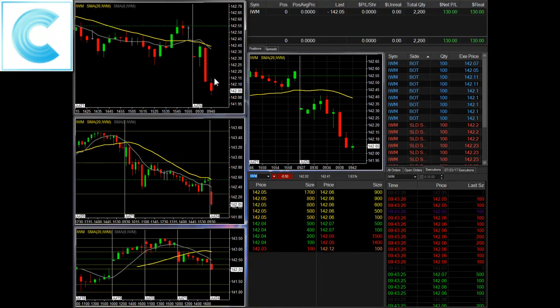I don't want to see a retracement a whole bunch more with my intention or my bias being to the short side. I don't want to see it a whole bunch more than the 25s or so. But this looks like it's going to retrace a little bit from the downside movement. So we're going to have to monitor that fairly closely.